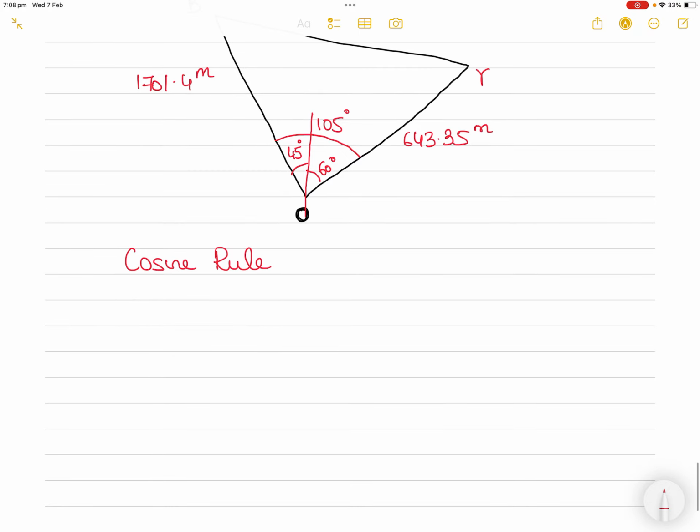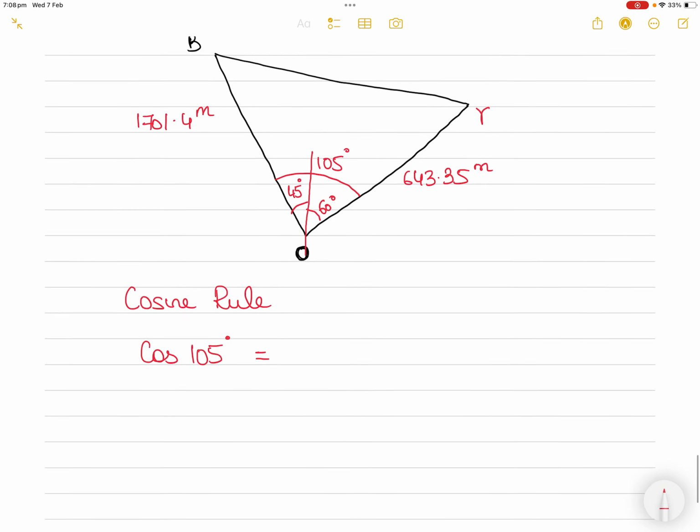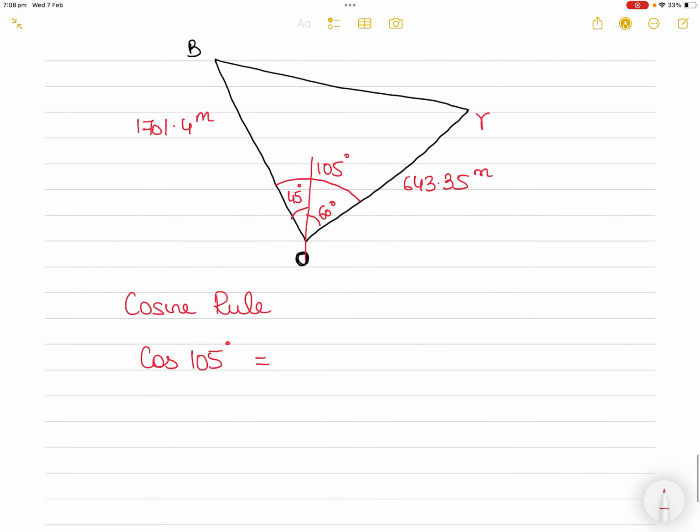It's pretty simple actually. We have cos of 105 degrees, the angle given to you, and then you put the sum of the squares of the two sides which are next to it. The two sides next to it are OB and OY.